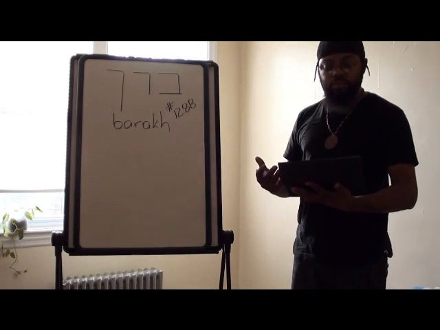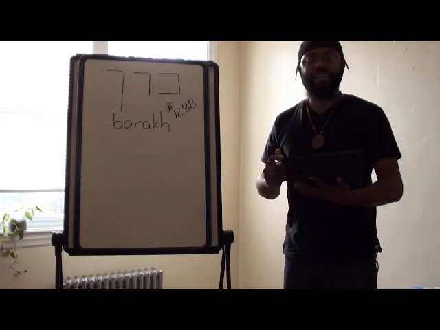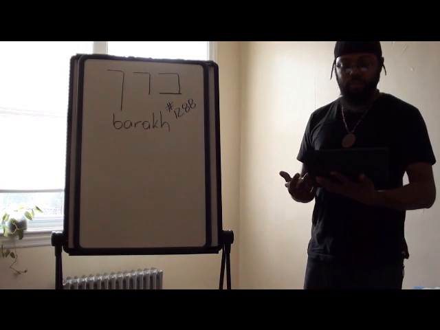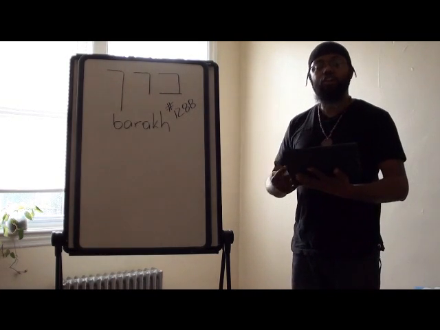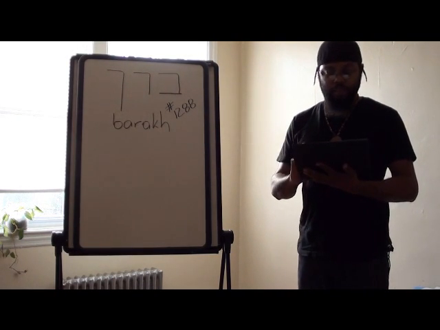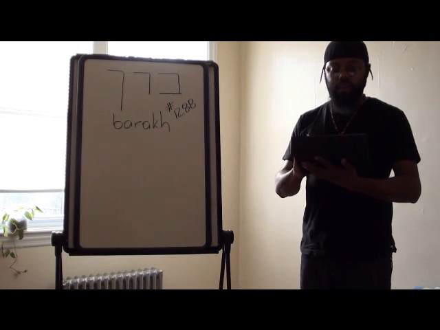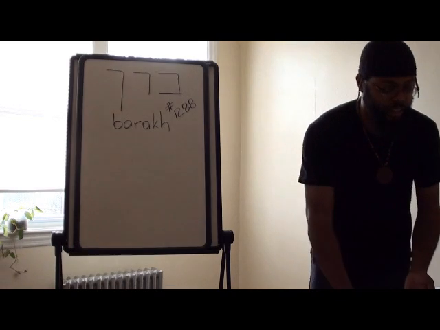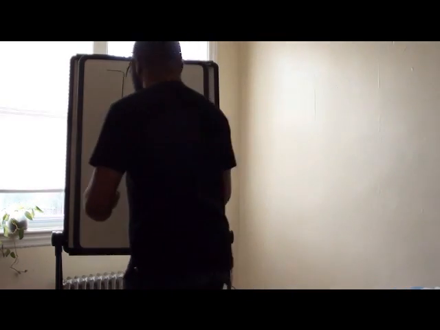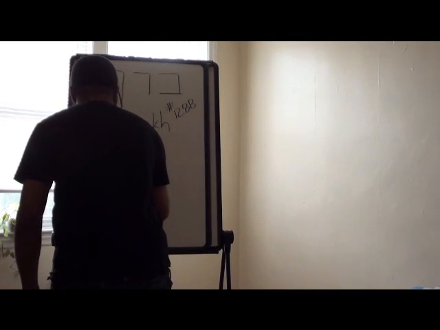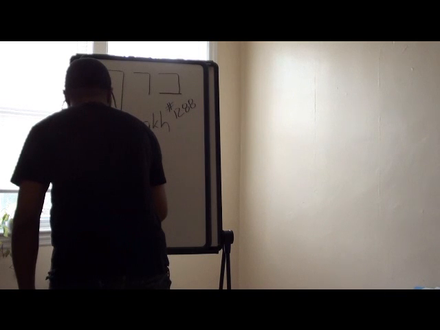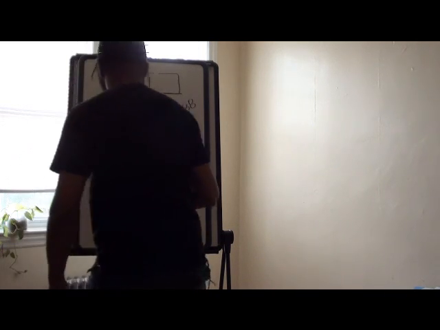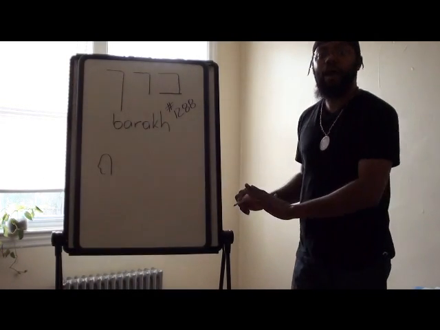Again, this is a primitive root. What it means is to kneel. The implication being to bless. Now, again, when we look at the parent root for this particular word, what we find is that it is the resh. Now the resh is the head of a man.